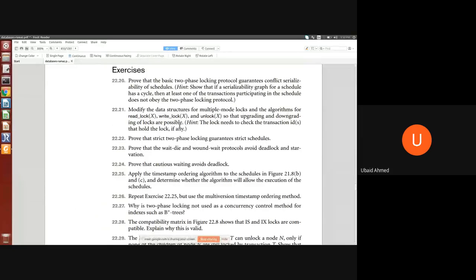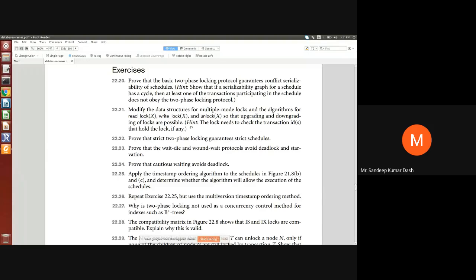Sir, what kind of question will come from this? Theoretical definition types or some coding? Theoretical questions will be rare this time. You can expect 90% of the questions to be the solvable type. A schedule will be given, then you have to write the serialized schedule, whether this can be serialized or not, and if yes, with which type of serial schedule.